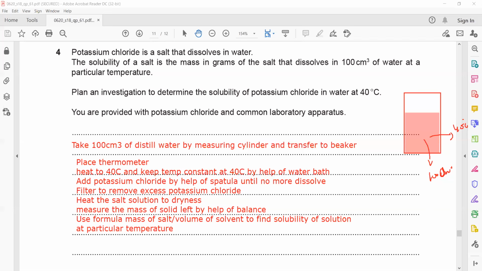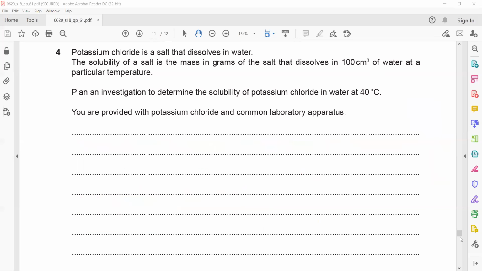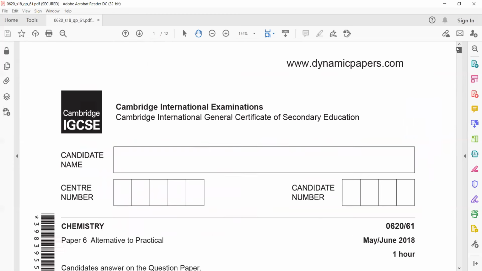So I want everyone to solve this now and submit this paper. It's not necessary just after the class. You can take time in the evening and submit this, but try to submit today. May June 2018, paper 6, variant 1.